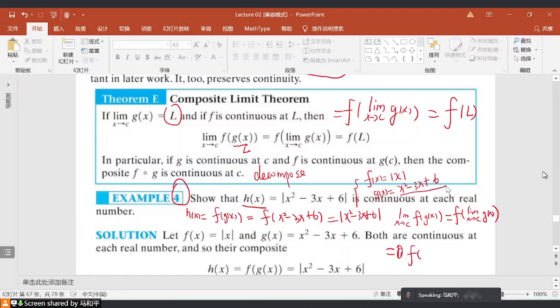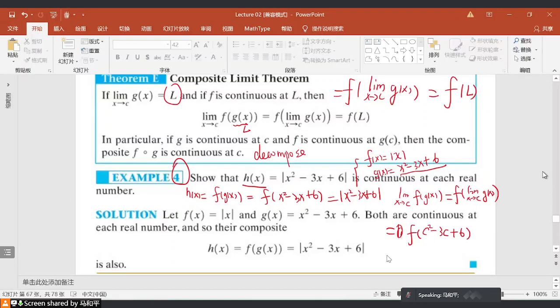This polynomial is continuous, so we get c square, right? Because f is continuous. c is any real number. Find the limit of h(x).